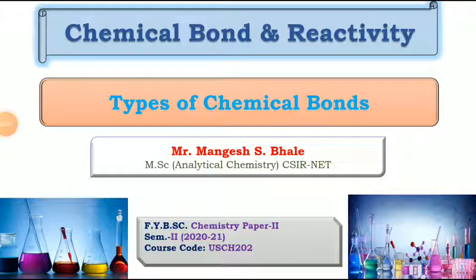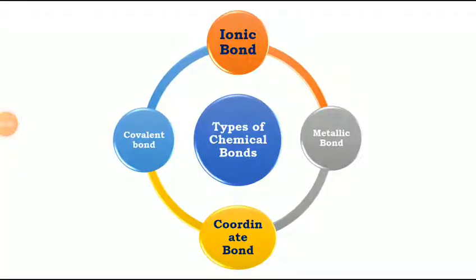In the previous lecture, we started types of chemical bonds. In that, we have seen the first chemical bond, that is ionic bond or electrovalent bond. First of all, what is meant by chemical bond? The definition we have seen in the previous lecture: it is the attractive forces which hold the atoms together in a molecule, which is called a chemical bond.